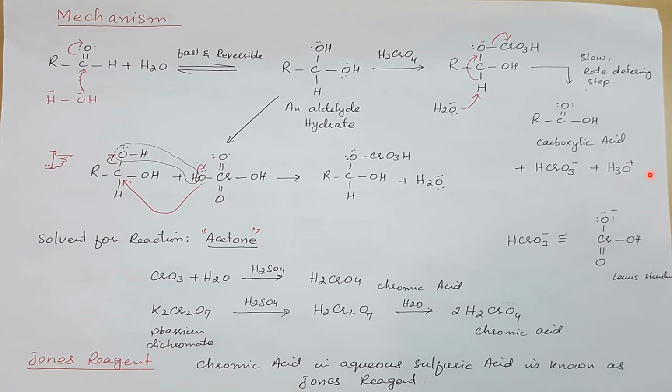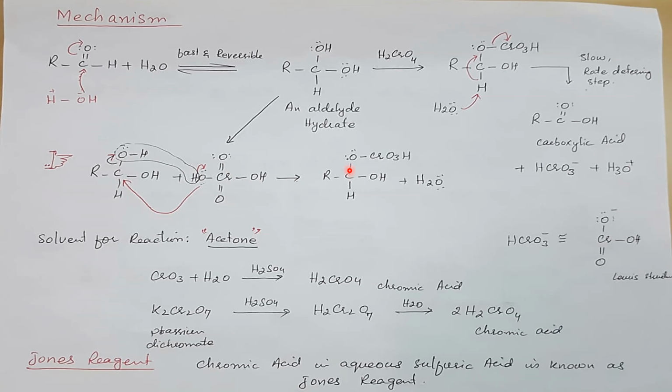Here I have mentioned this H3O hydronium ion because it is an acidic solution, so there is extra hydrogen ion there. Now the next thing is that this carbon is getting electron deficient because the fourth bond of oxygen and carbon has broken. Now this chromium oxide, from this oxygen, which is a nucleophile, will attack this electrophilic carbon.